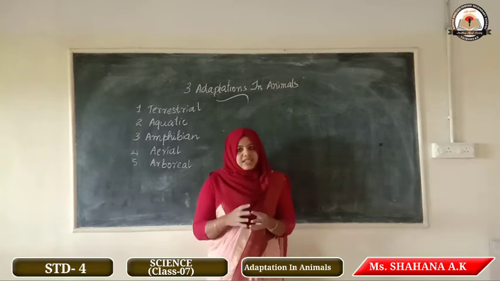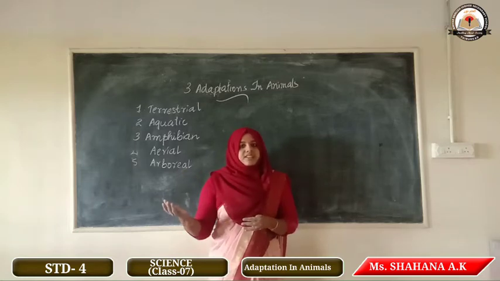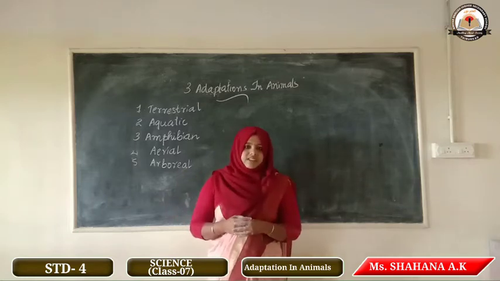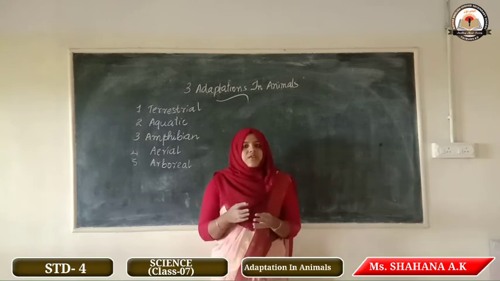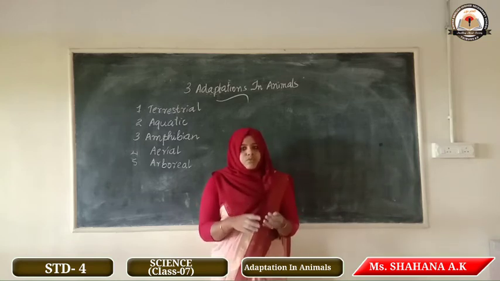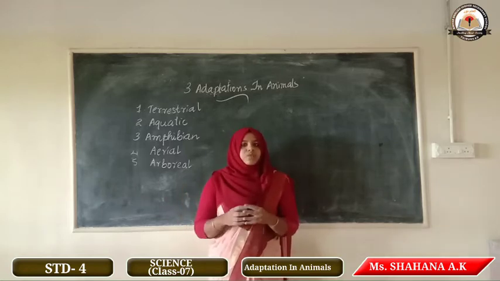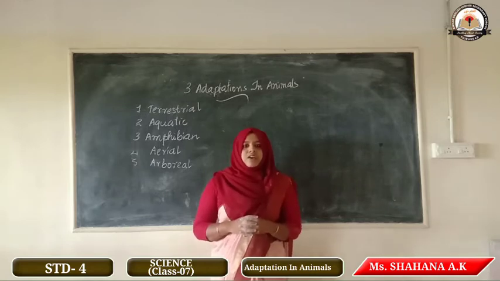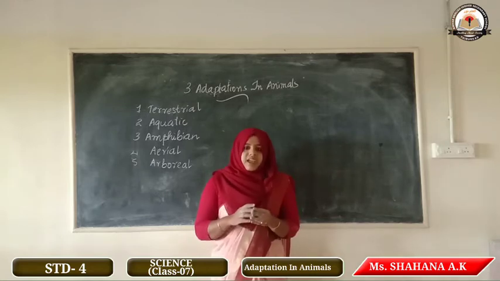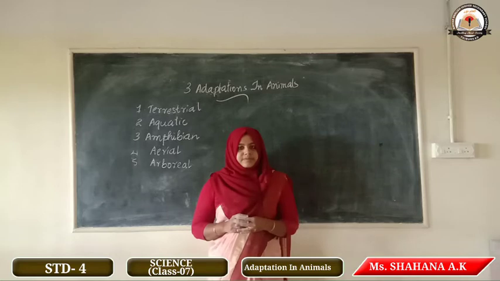In terrestrial animals, some animals live in forests, some in mountains and some in deserts, etc. So they should have some specialities to live in forests, deserts, mountains, cold regions, etc. First of all, we are studying about animals living in forest. Can you give some examples?